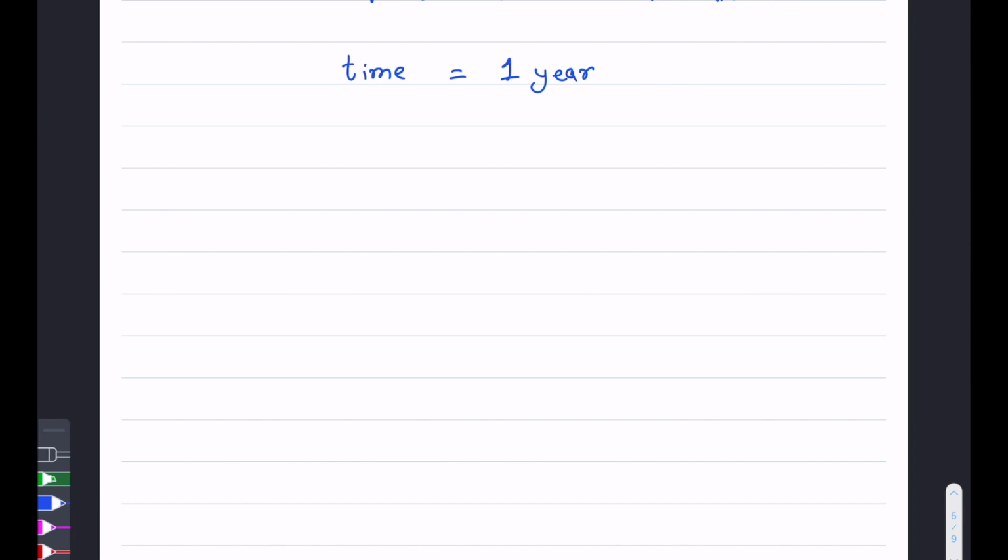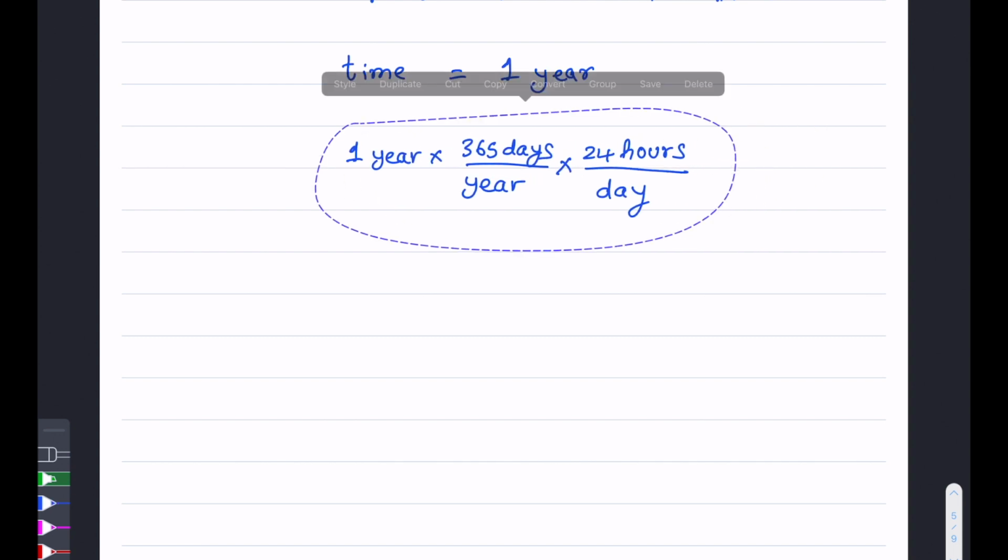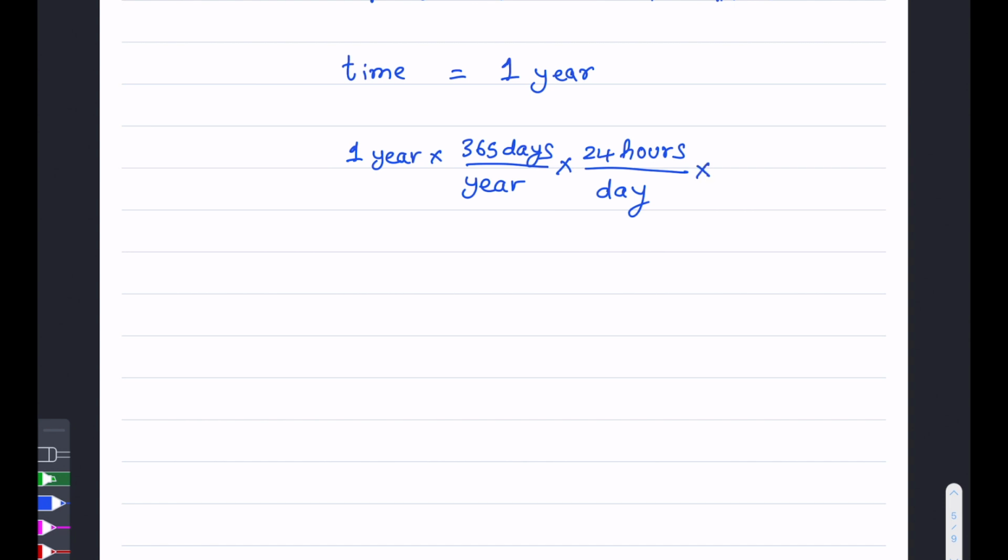So all I have to do is 1 year has 365 days per year, and in each day there are 24 hours per day, and then there are 60 minutes per hour, and 60 seconds per minute.